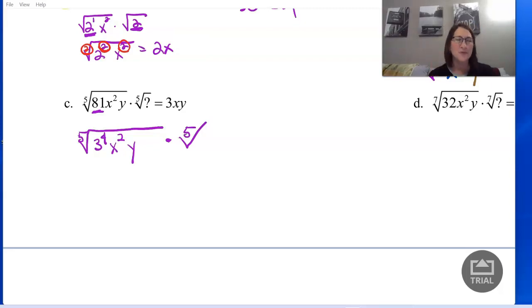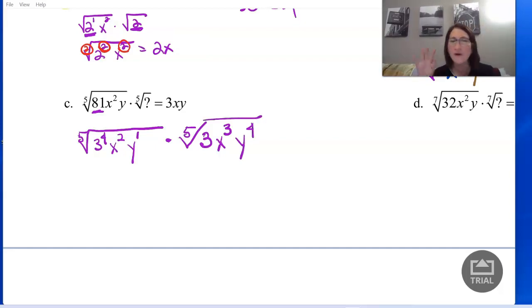So I have 4 3s. I need 5. So that means I need 1 more 3. I have 2 x's, but I need 5. So that means I need 3 more. I have 1 y, but I need 5. So that means I need 4 more.